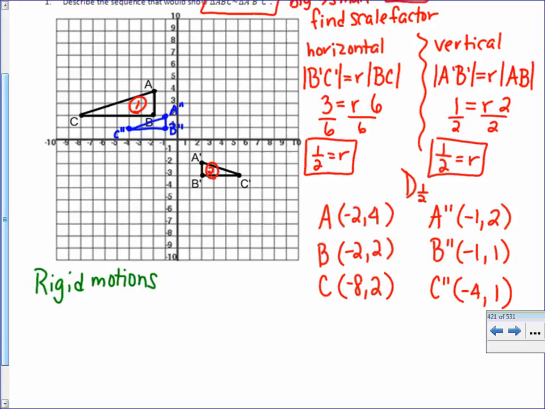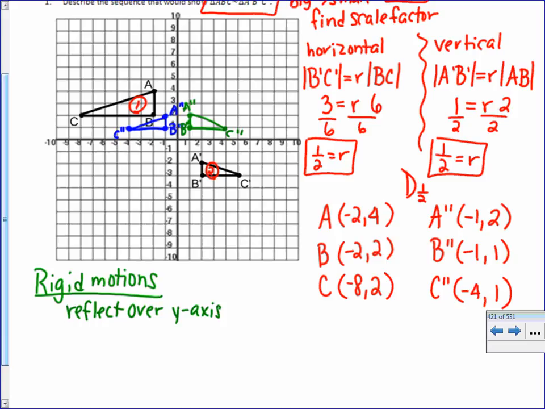Orient your vertices correctly. At this moment we should be able to realize that I can reflect over the y-axis, and therefore the orientation of that triangle would then be correct. So we're going to reflect over the y-axis.